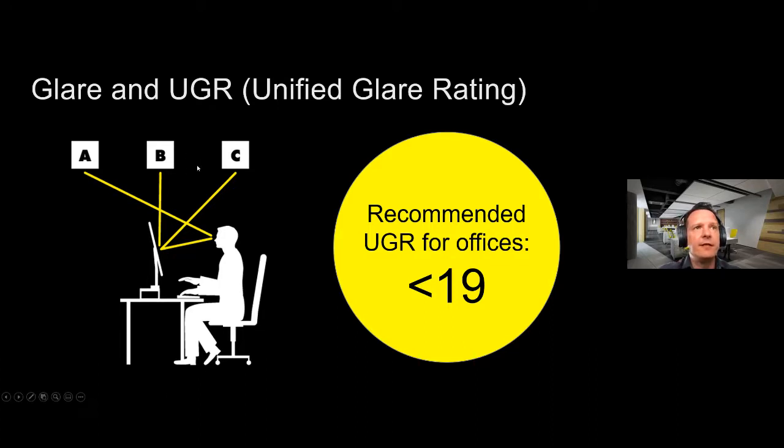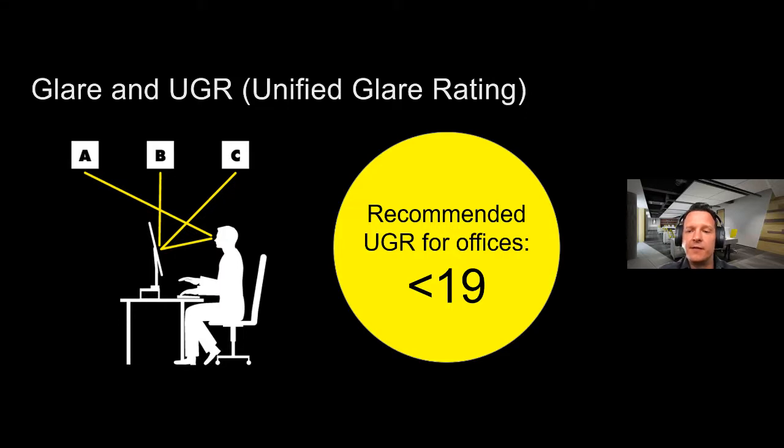Categories B and C are more reflection of light on specular high gloss surfaces such as tables or even the screens of your monitor. And as a result, this could disable you for visual performance. It has an effect on that, and it can be measured. But also it can be discomfort.